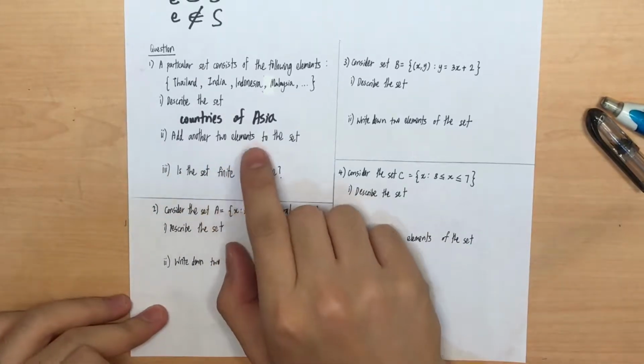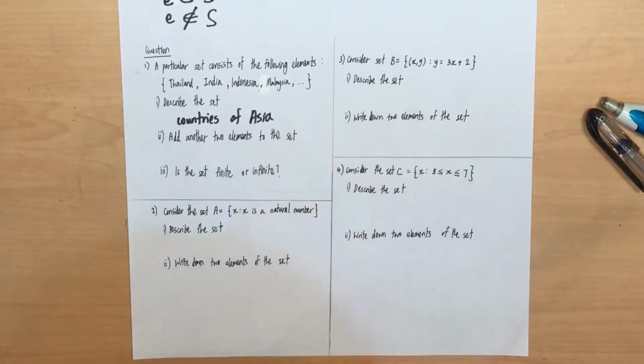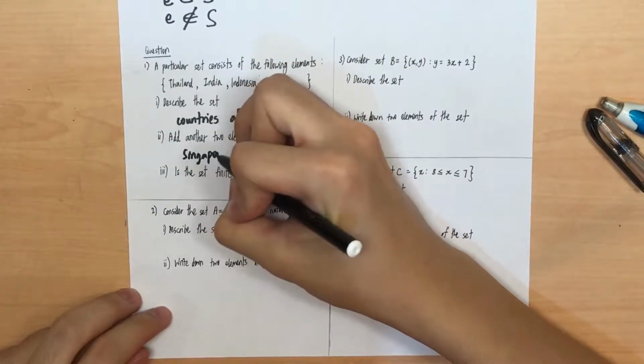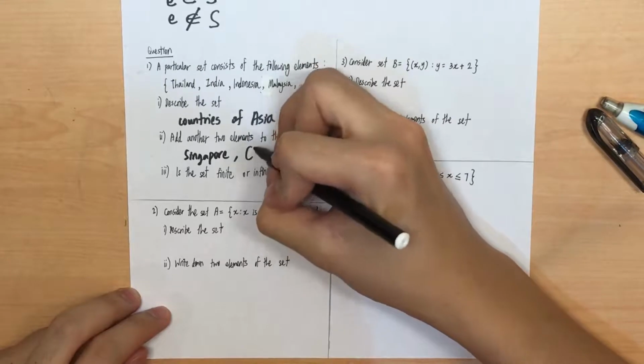Add another 2 elements to the set. You can add maybe Singapore, maybe China.